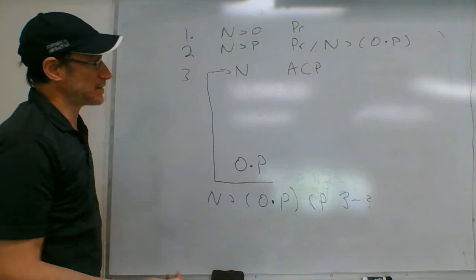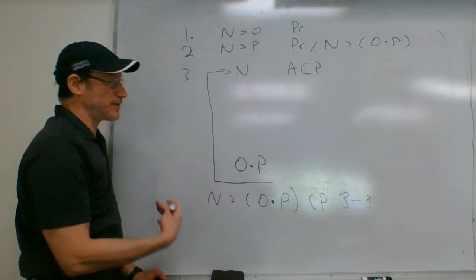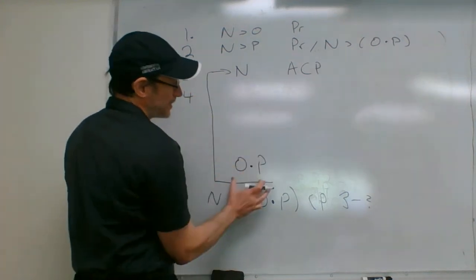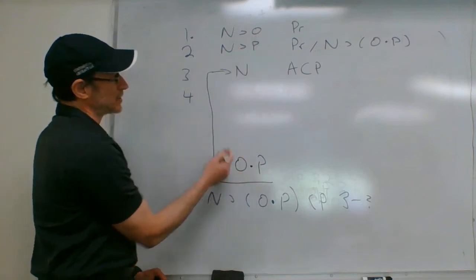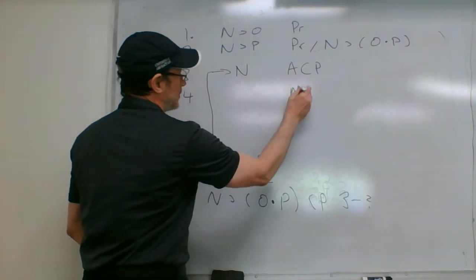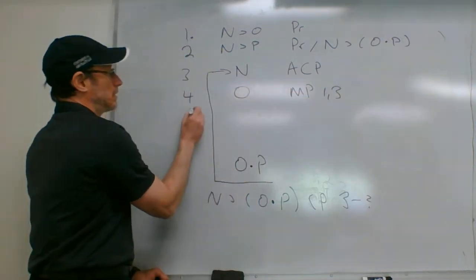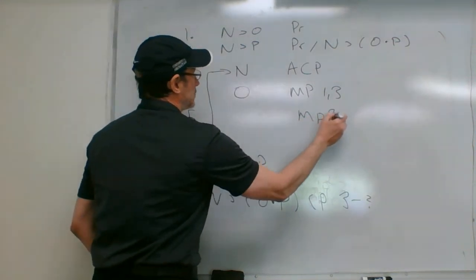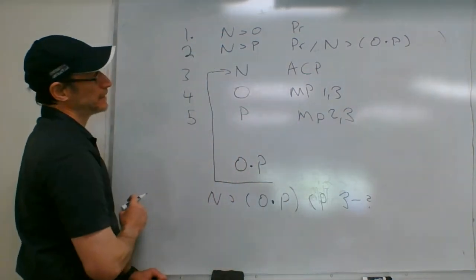Now this is very easy because we're seeing modus ponens here. You're going to see a lot of modus ponenses in these arguments. You're trying to get to O and P. All you need is 2 modus ponenses in conjunction. N horseshoe O and N, by modus ponens on 1 and 3, we get O. And by modus ponens on 2 and 3, we get P. Do you see that?